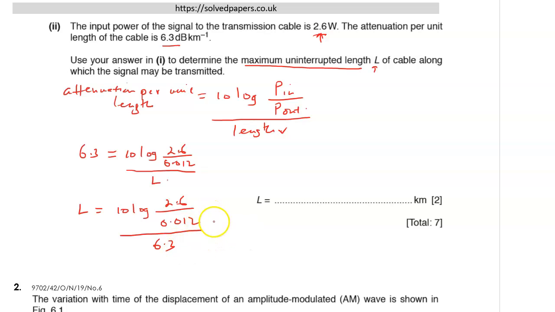Of course, you can use your calculator, and when you do the calculation correctly, you'll get something like 3.7076 kilometers, approximately 3.7 kilometers. That is the maximum distance before you get the power booster.